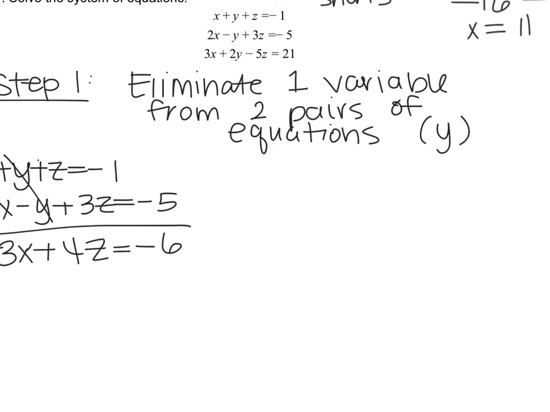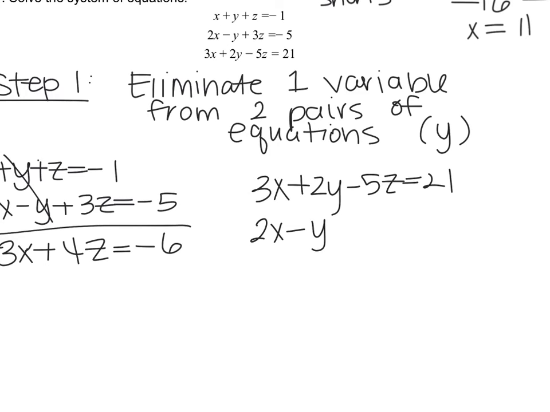Next, I want to eliminate y a second time using my third equation that I haven't used yet. So 3x plus 2y minus 5z equals 21, and I have to reuse one of the first 2. So because the y's in the second equation already have opposite signs, I'm going to be reusing my second equation. 2x minus y plus 3z equals -5.